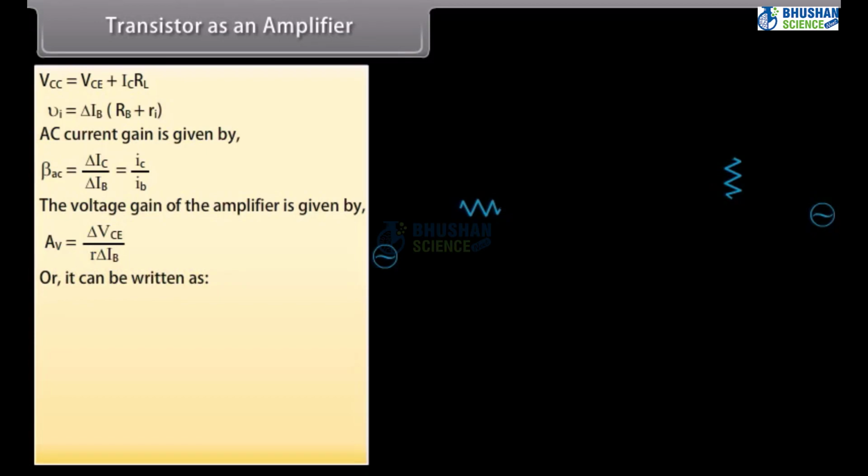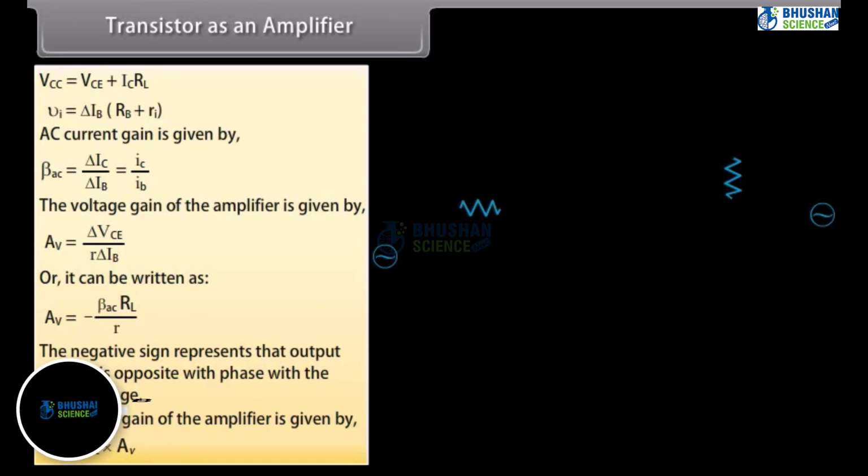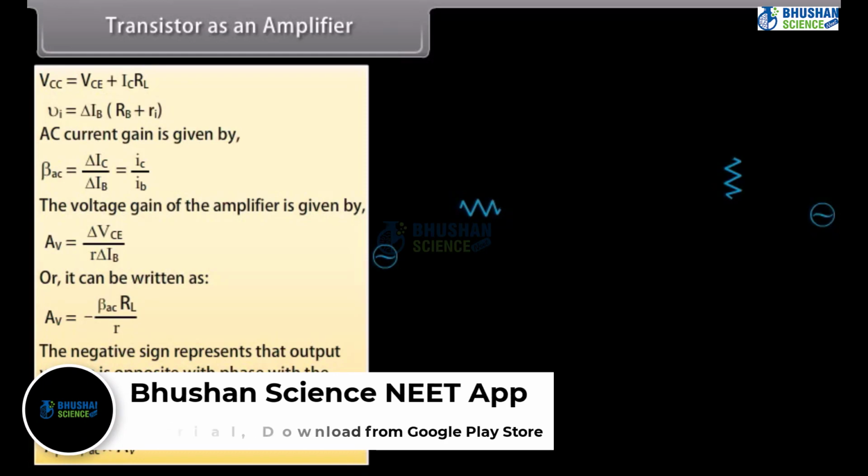Or it can be written as AV is equal to minus beta AC RL upon Ri. The negative sign represents that output voltage is opposite in phase with the input voltage. The power gain of the amplifier is given by AP is equal to product of beta AC and AV.